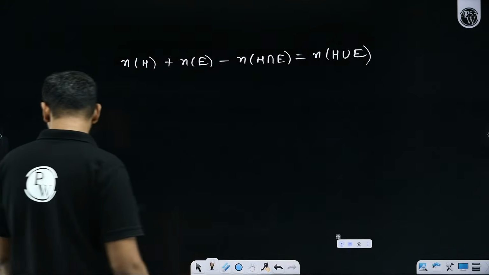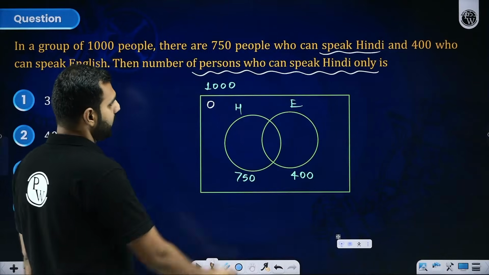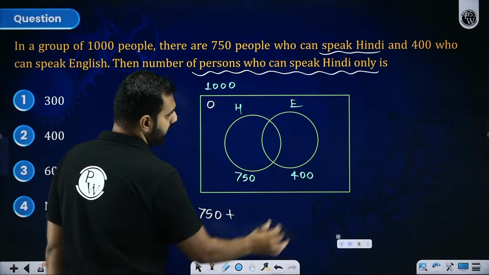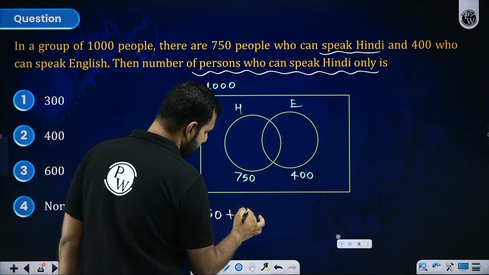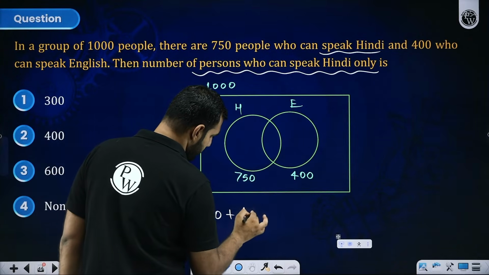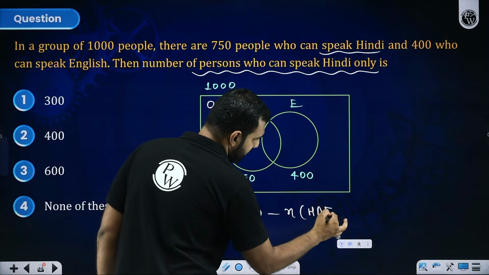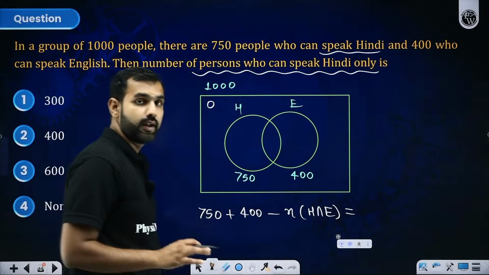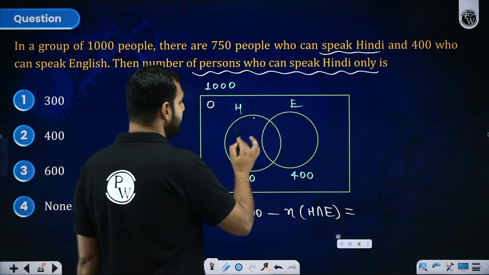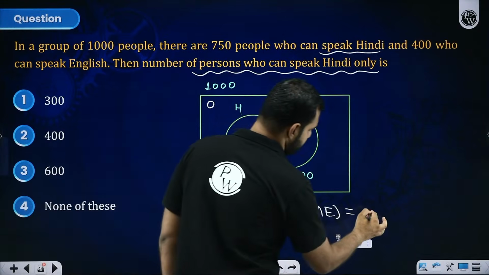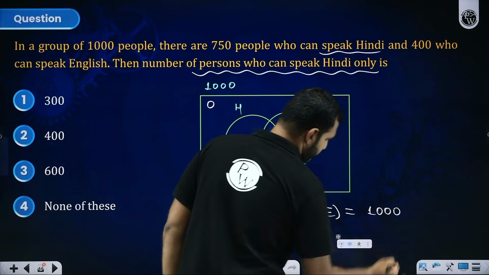So number of people who speak Hindi is 750 plus number of people who speak English is 400 minus number of people who speak Hindi as well as English will be equal to number of people who speak either Hindi only or English only or both, which means this is going to be 1,000.